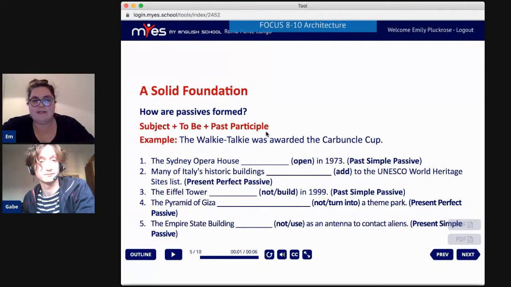It doesn't matter what the tense is, we always have the verb to be and the principal verb in the past participle. If we look at the verbs in the activity here, the principal verbs are open, add, build, turn into. All of these verbs need to be in the past participle, and the verb to be changes depending on which tense you want to use.